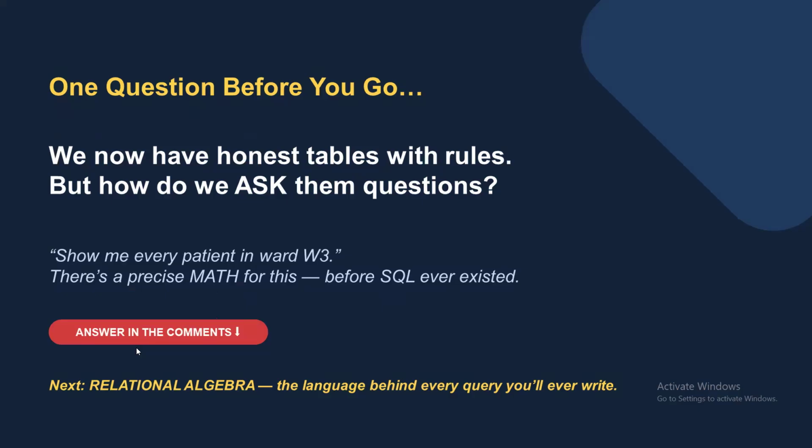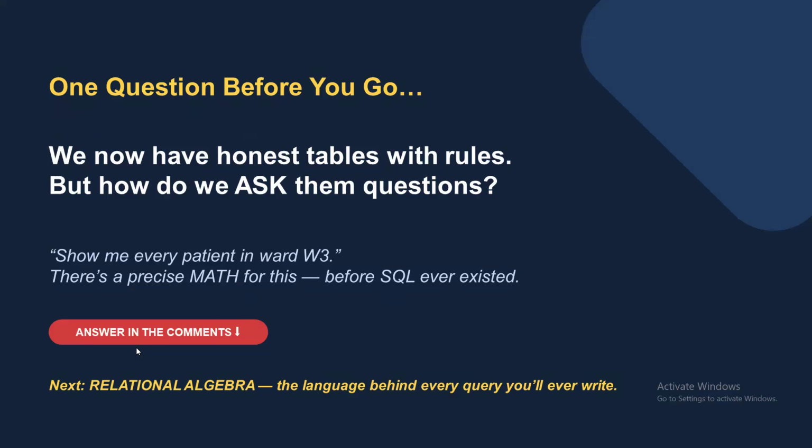Before I close the video, there is one question for you. Suppose we now have some tables and we have some constraints also. Now, how do we ask questions? Suppose I want to search some data, show me every patient in ward number W3. There is a precise math for this.